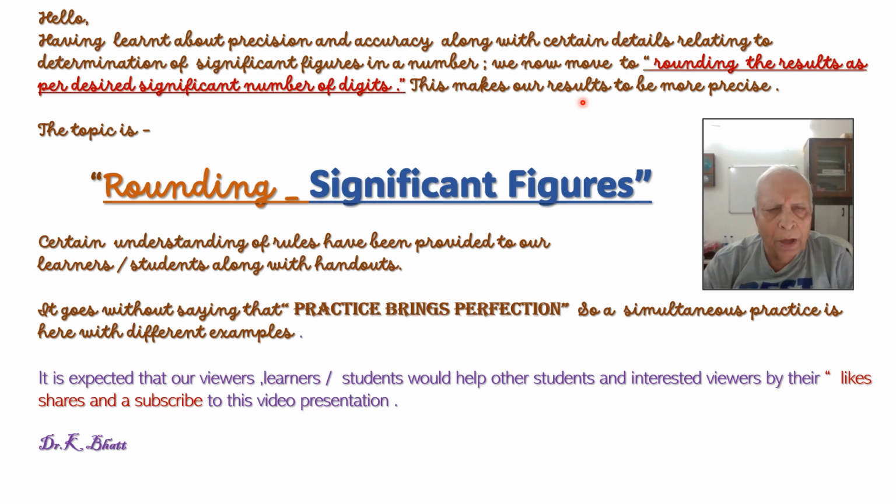Today we have to again take up a topic relating to significant figures. We know that the more the number of significant figures, the higher will be the precision. The fewer the significant digits in a number, the lower will be the precision.